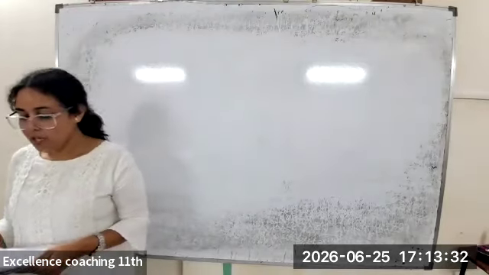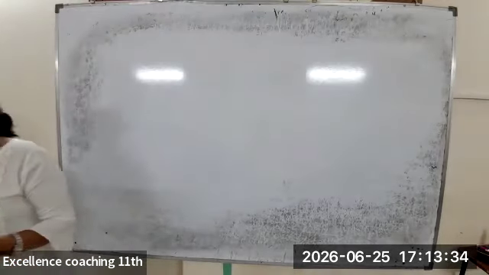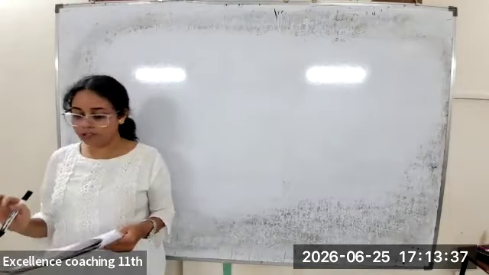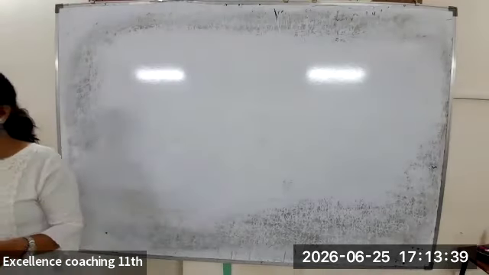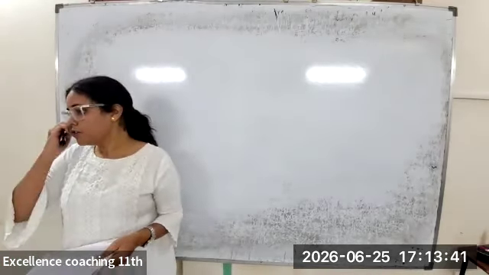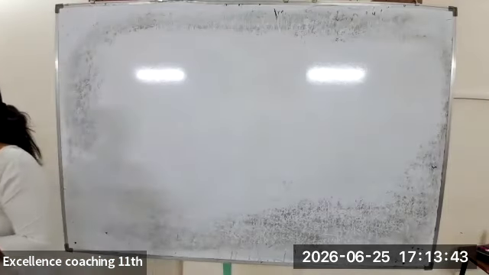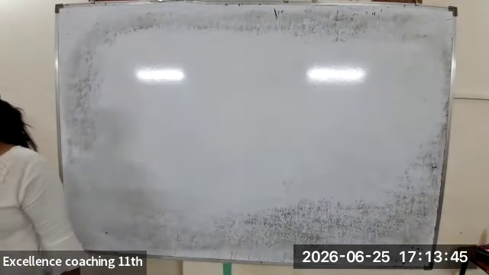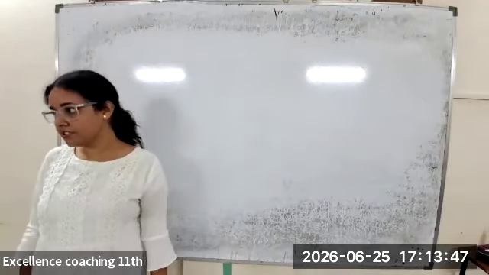What was seen is that the wave nature of light could only explain diffraction and interference. So what do you all understand by the term interference?